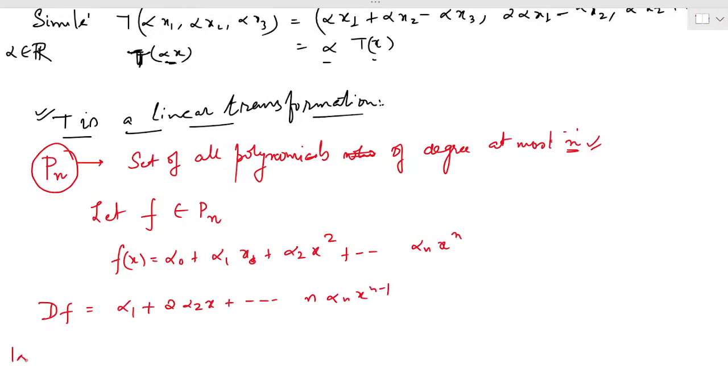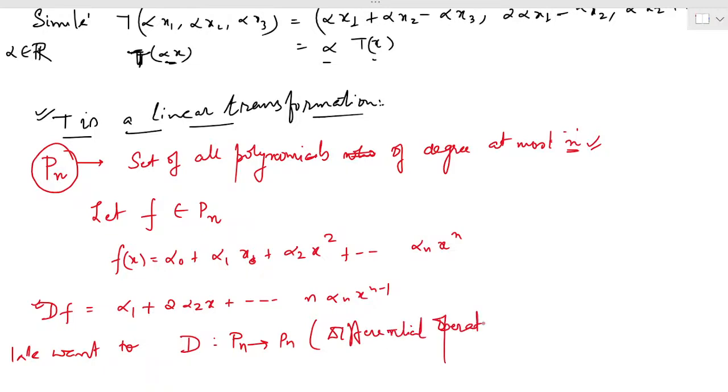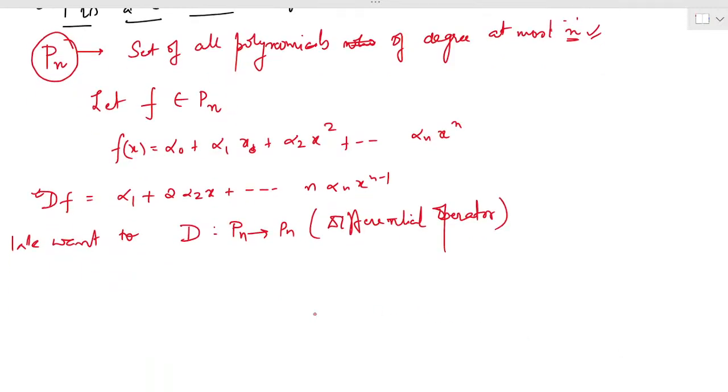We want to show that. However, I can show that in general also, but let us take an example and try doing that. So we have to show that this transformation, that is D from Pn to Pn, and understand, this is nothing but the differential operator, the differential operator is a linear transformation.